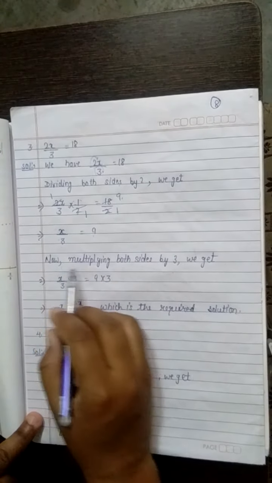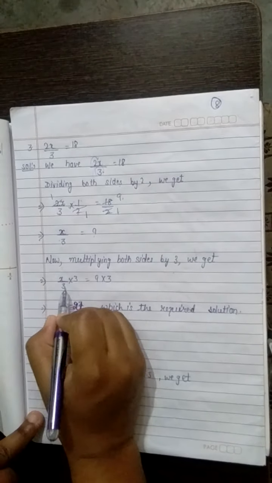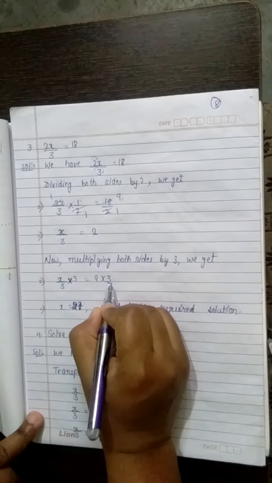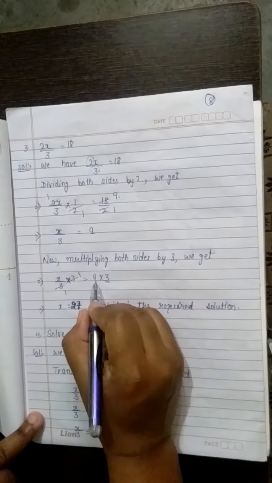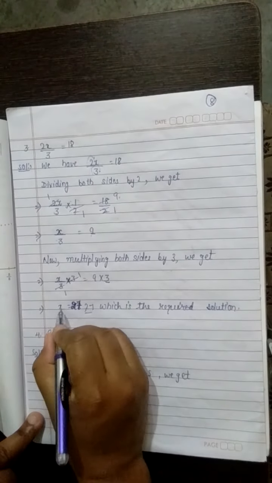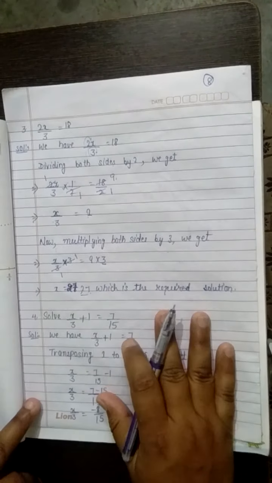Multiplying by 3. Now multiplying both sides by 3, we get x upon 3 into 3, 9 into 3. That is 3 cuts with 3. 3 1s are 3. And 9 into 3 is equal to 27. So x is equal to 27, which is the required solution of this equation.